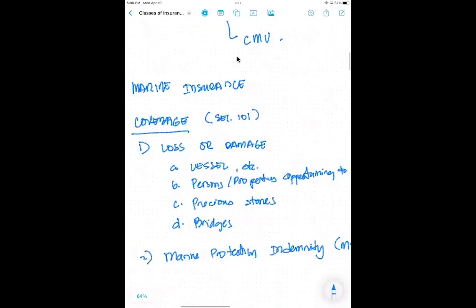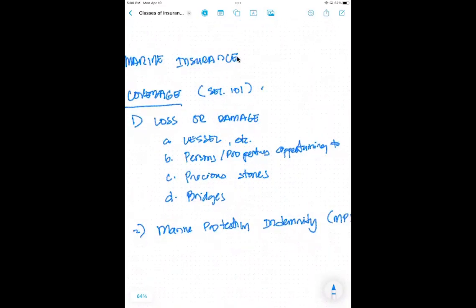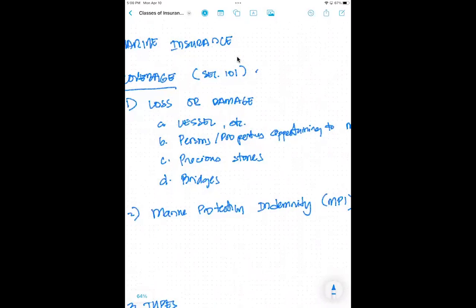I have here some notes on marine insurance. This was previously section 99, but with the amendment, RA 10607, this section is now section 101.